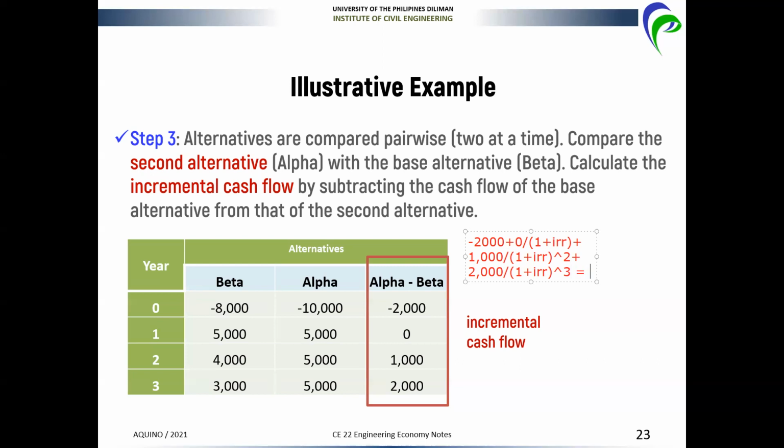Yan. And we equate that to 0 and then solve for IRR.